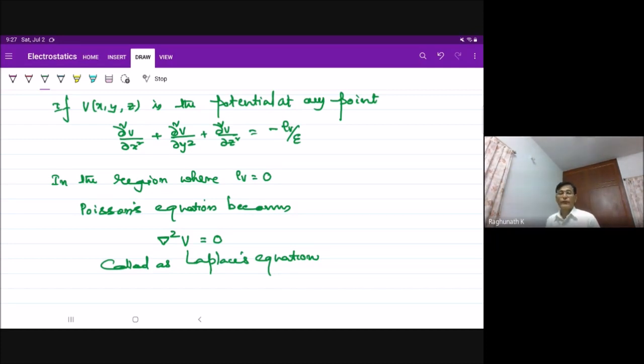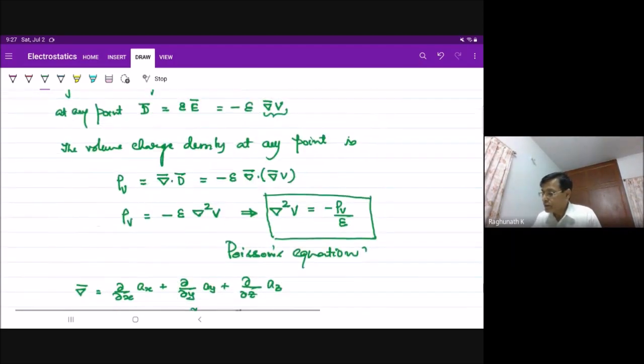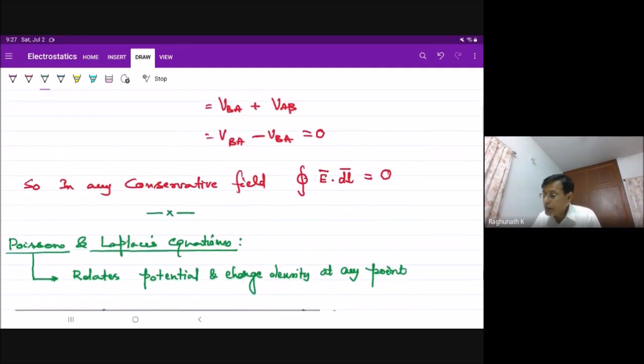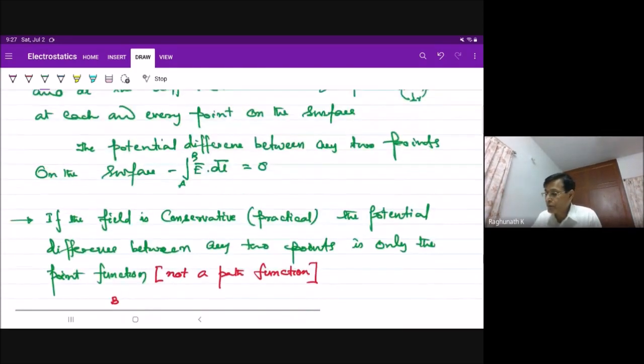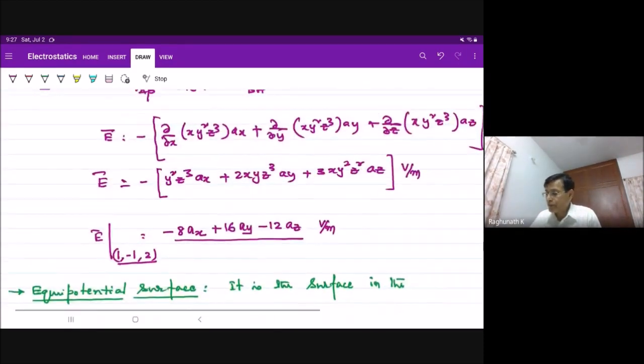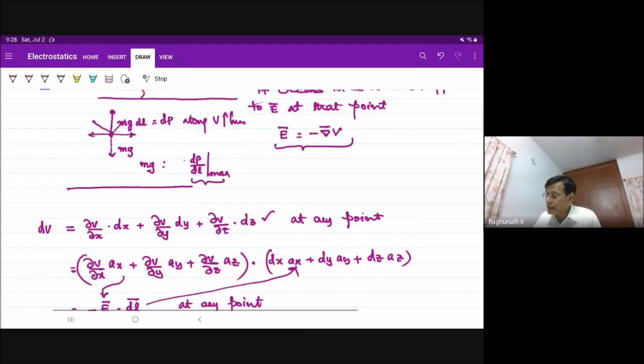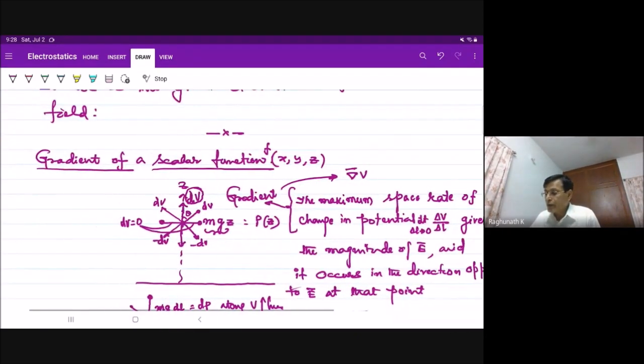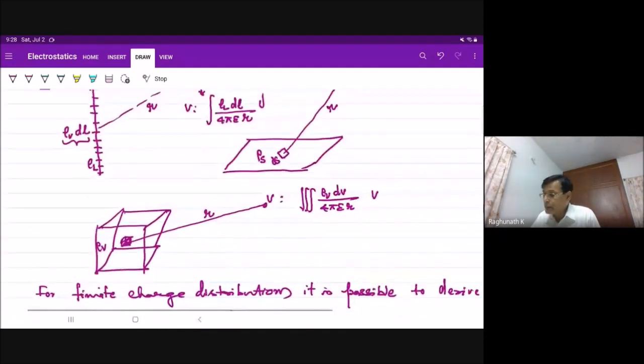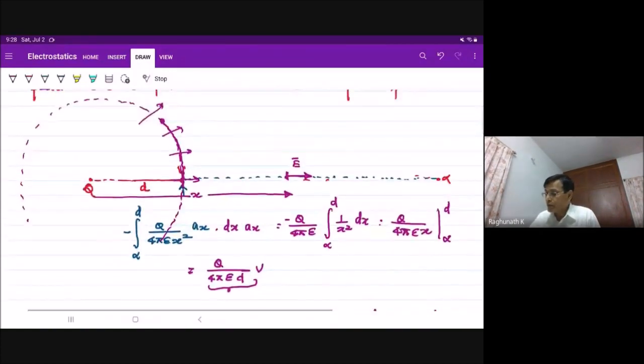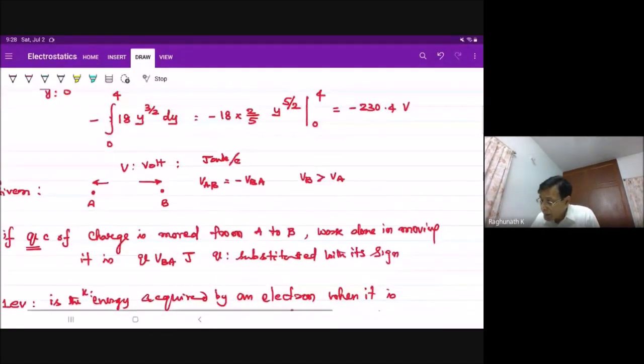Please check it. These are the things that we want to know as a concept in potential difference, gradient, Poisson's equation, where it is to be used, and the Laplace's equation.